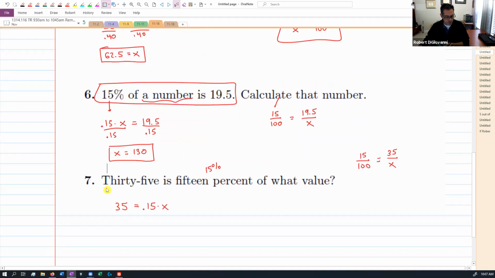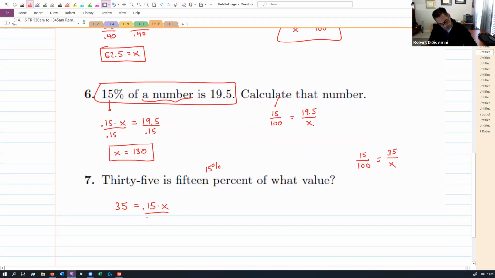And then the last one, divide both sides by 0.15 again. And we get 233.3, and the 3 repeats forever, but you could round it to just 233.3. That's fine. You don't have to put the little bar on top of the 3.